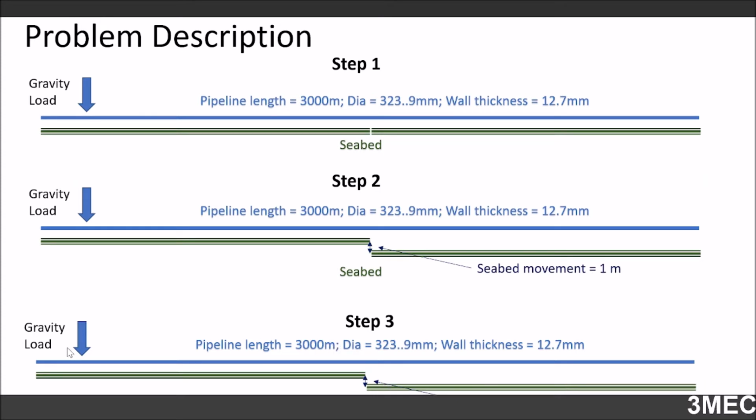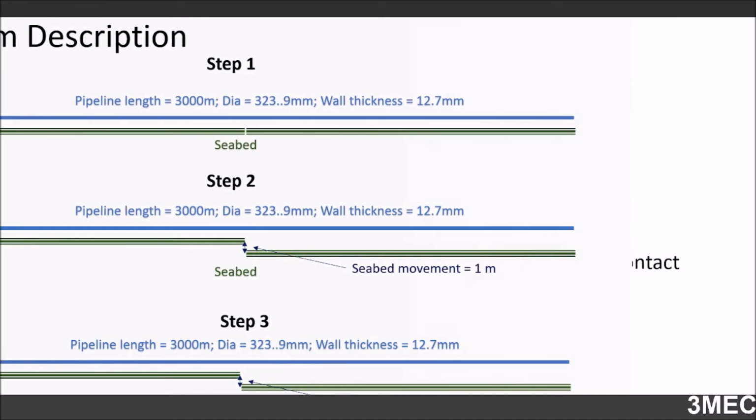So this is what's going to happen. We will apply a constant temperature all around the pipe, and we will fix this edge of the pipe in the horizontal direction so that we can create a constraint. Then based on the temperatures and thermal expansions, the pipe will start to buckle due to the imperfection in this area, and that's what we want to capture in this case.